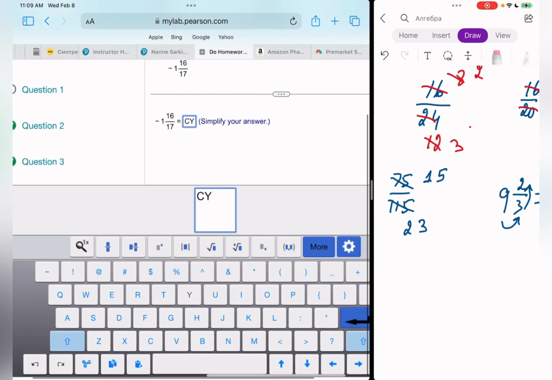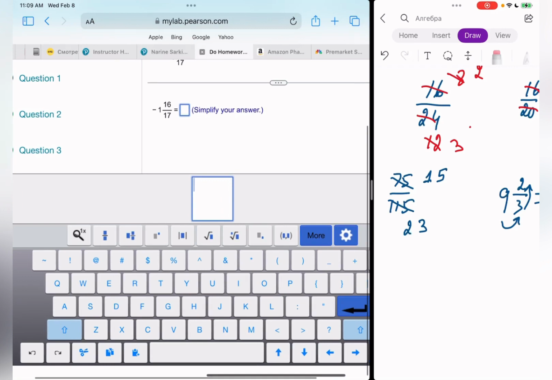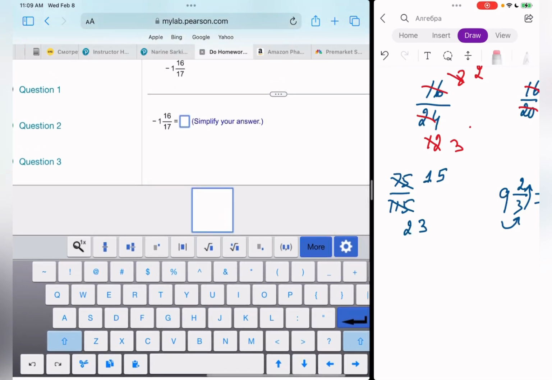My God. Hold on. Yeah, looks like this is negative.